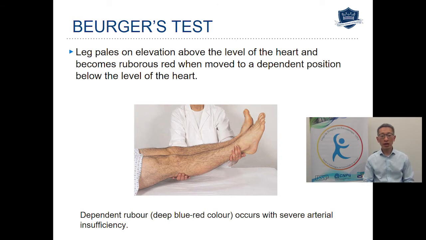Dependent rubor is when the leg is assuming a dependent position. The improved blood flow will stimulate a hyperemic response, resulting in the reddening of the leg. So you can see in this picture here, one leg is redder than the other, more erythemic, upon assuming this dependent position, and that's a really good indication of peripheral vascular disease, especially in the left lower leg.